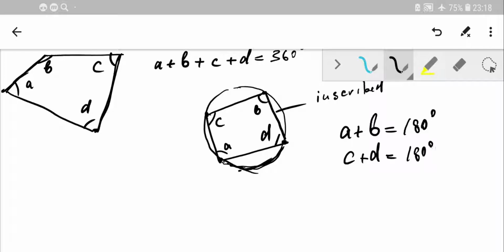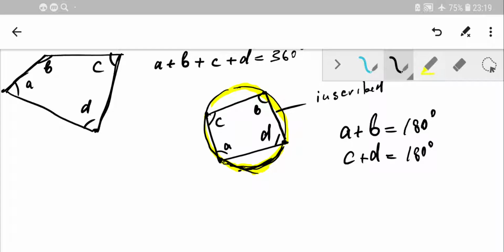It's basically the idea of central angles and inscribed angles, and also an idea about, for example, angles A and B covering the whole circumference. So that's why, if you consider central angles, if it covers the whole circumference, the degree measure will be 360.